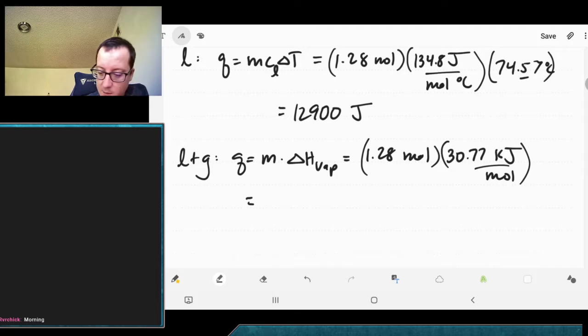And so we'll end up getting 1.28 times 30.77. If we put this into regular joules, we get 39,400 joules.